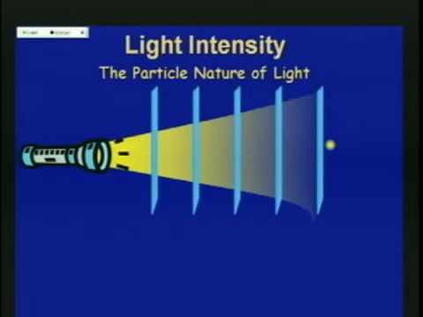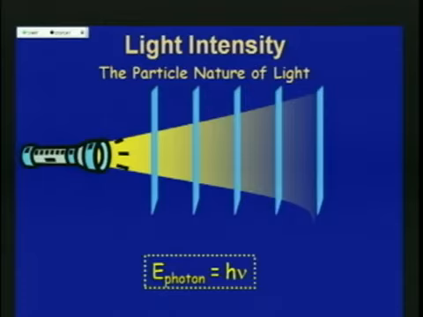Well, we would see little flickers of light getting through. So it's almost as if there's some sort of fundamental particle, if you will, of light. And that's what we call a photon.